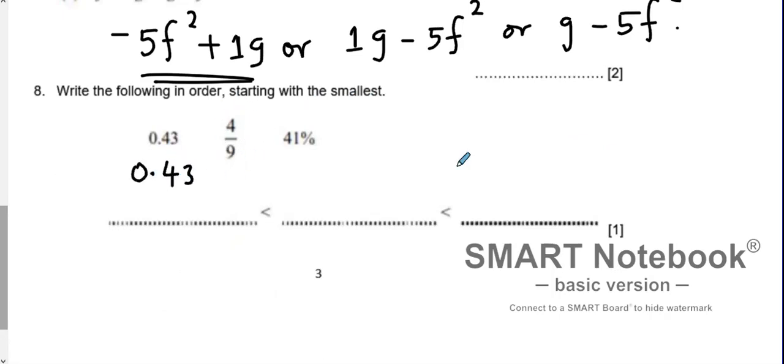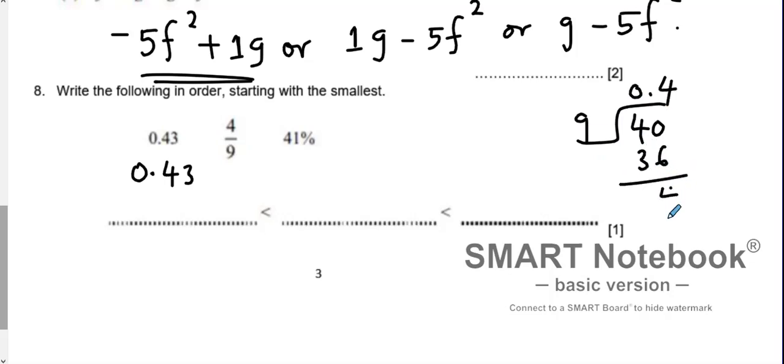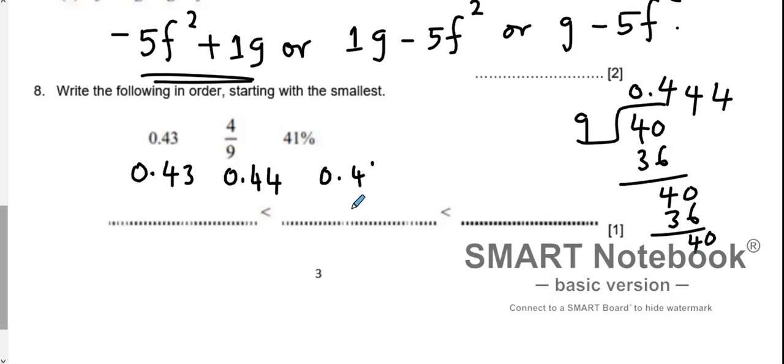Now convert 4/9 as a decimal. 4 divided by 9, 4 is recurring. So we have 0.44. And this one, 41% is 0.41.